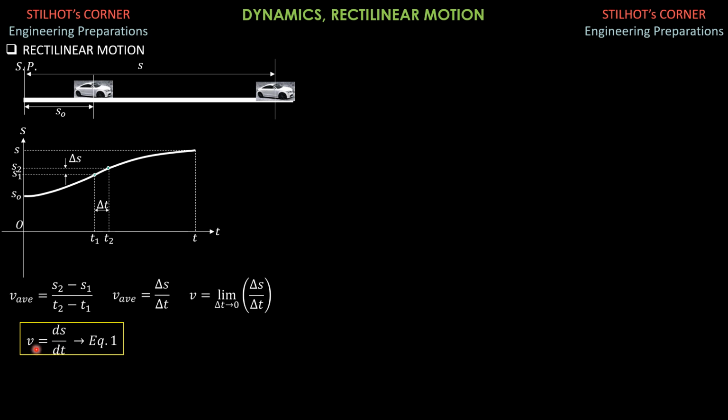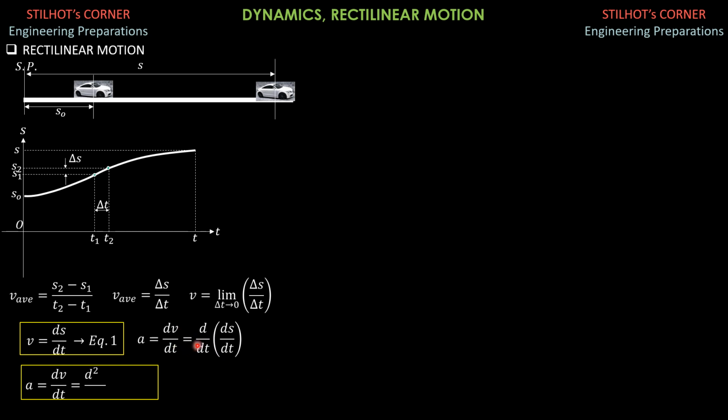Likewise, if we differentiate v with respect to time, that's the acceleration. So acceleration is the derivative of v with respect to time, dv/dt, which is the derivative of ds/dt, the second derivative of s with respect to time.